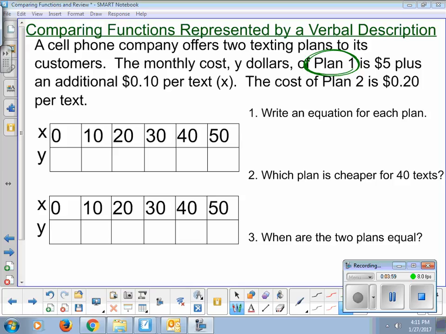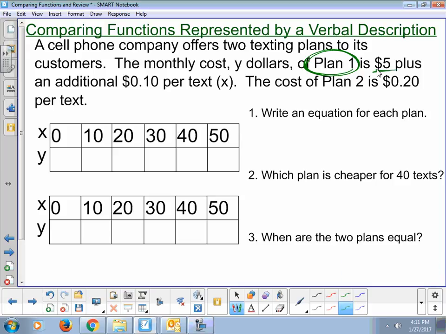If you look at plan 1, no matter what, per month you're going to pay $5. That's a number that's not changing. So in your equation, it's going to be plus 5. Each text message you send is 10 cents, and we're going to write 10 cents per text message as 0.10 times x. So we have the equation y equals 0.10x plus 5.